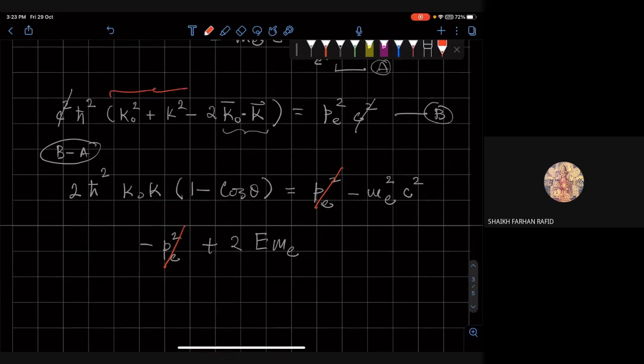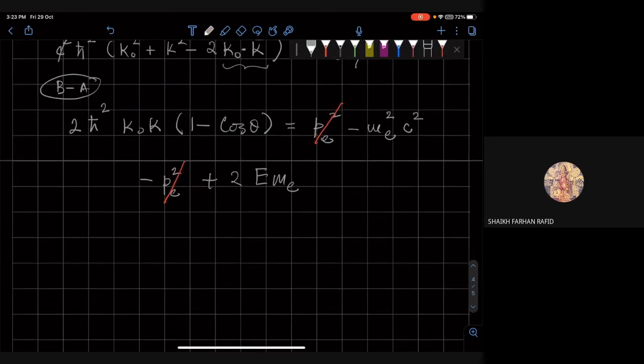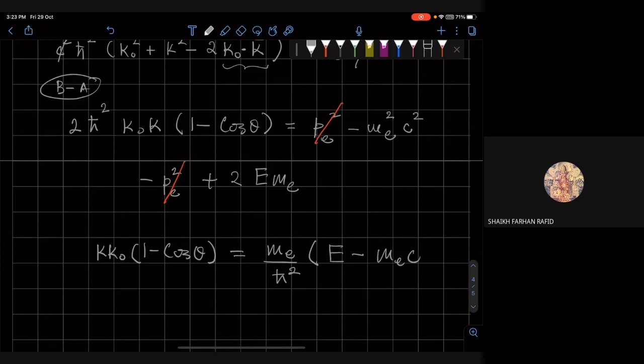So now let's rewrite this. Let's divide by 2h squared. Then on the left-hand side, we get k0 k times 1 minus cosine of theta. On the right-hand side, we have me by h squared, and inside the bracket, I have e minus me c squared, right?